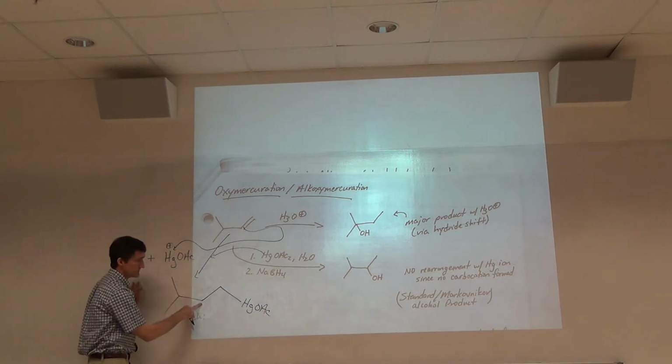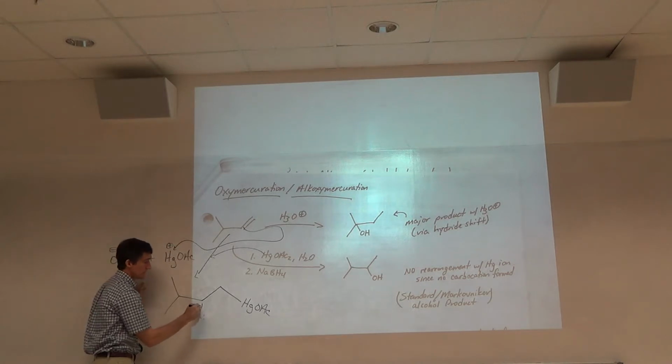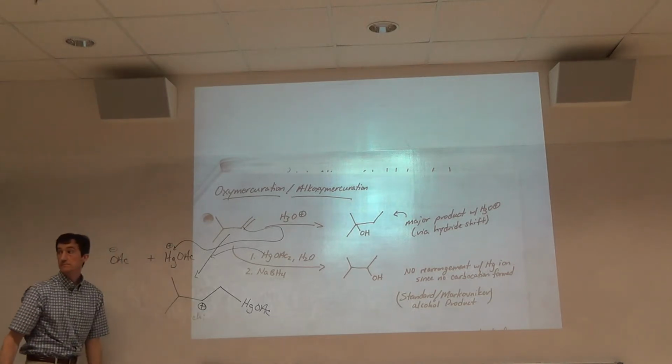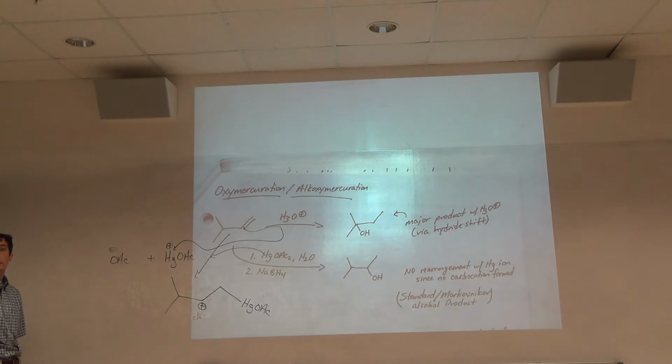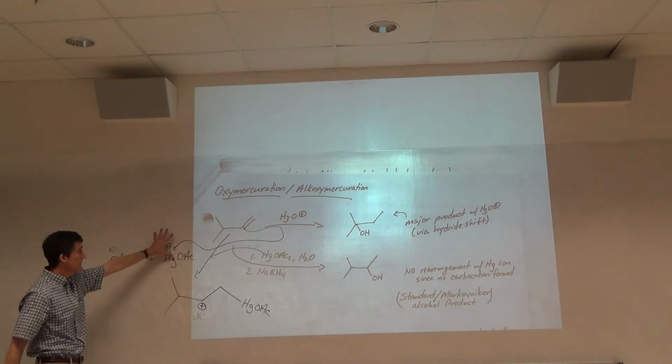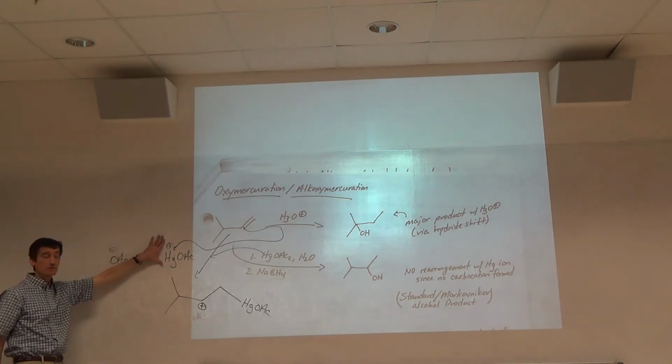What's here? Carbocation. The basic alkene mechanism is the same over and over, if you learn it that way. What have we done different? We just have to be shown that this is Hg plus.